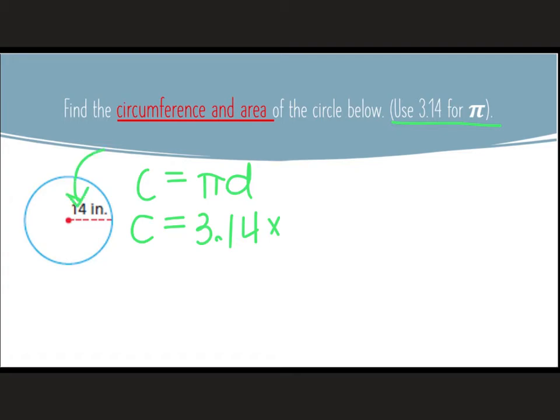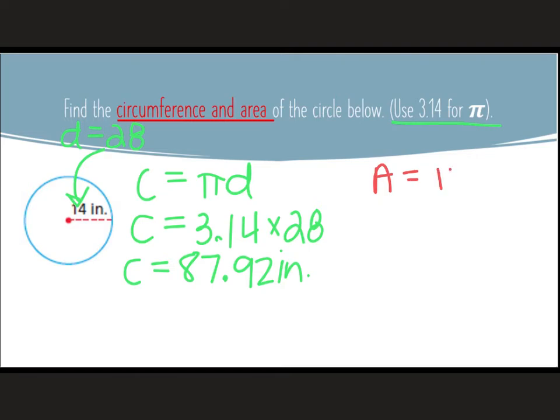Remember, a radius is halfway across the circle. So we have to multiply that by 2 to get our diameter of 28. And that's the number we'll use in our equation. Type that in your calculator. You should get a circumference of 87.92 inches.